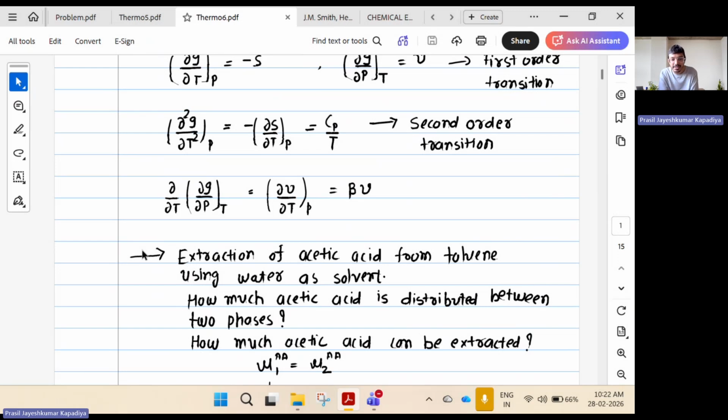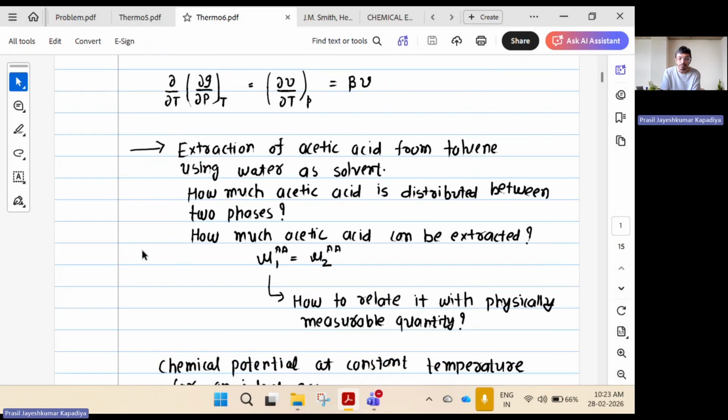In other words, the question is framed as how much acetic acid can be extracted using this particular process. So for that, we need to say that when the chemical potential of acetic acid in, let's say, the aqueous phase is equal to the chemical potential of acetic acid in the toluene solvent rich phase, till when is this process going to occur?